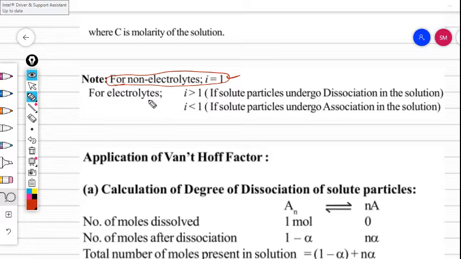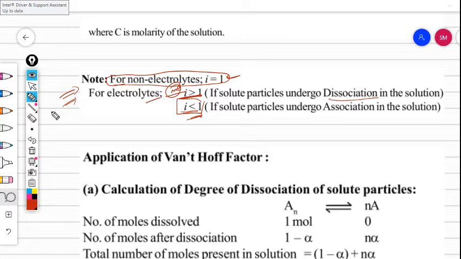If they are electrolytes and they dissociate, for example sodium chloride, their i value will always be greater than 1. If they are electrolytes and they associate, for example benzoic acid in benzene, their Van't Hoff factor will always be less than 1. This is very important. You need to apply it for every individual electrolyte and non-electrolyte based on the question.